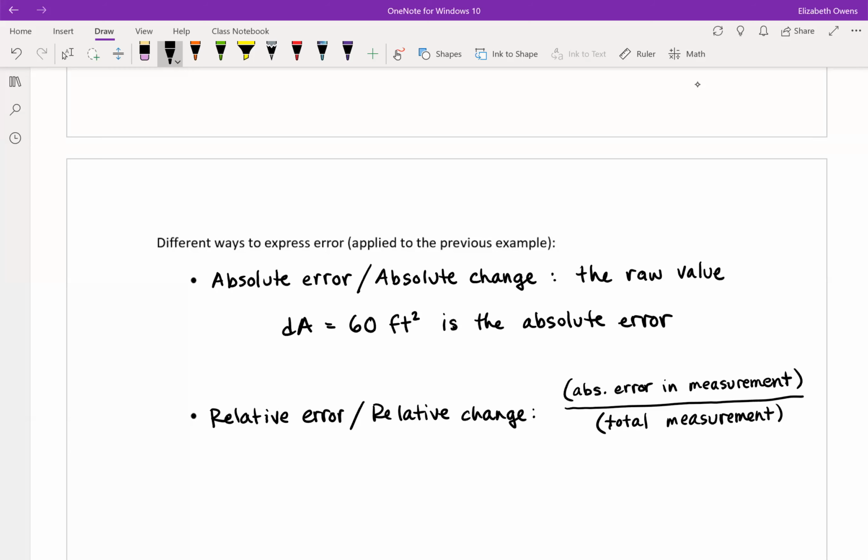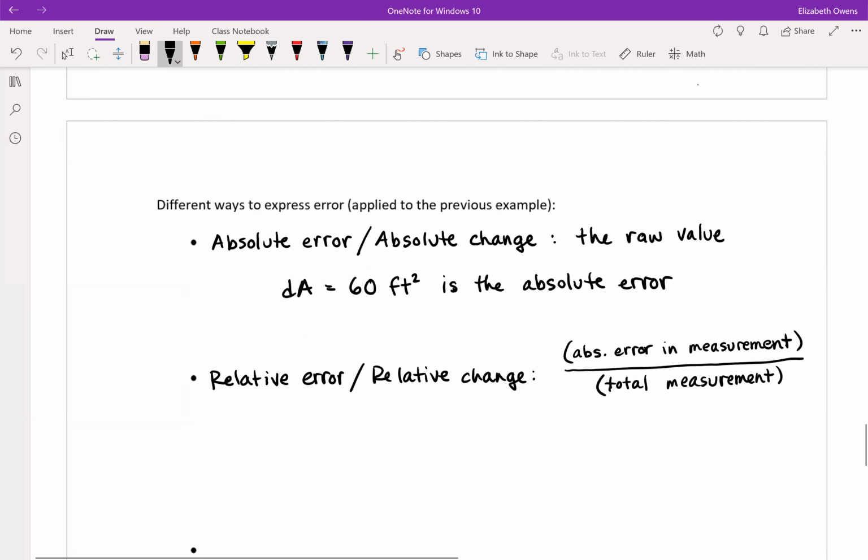Okay, so our relative error for the area is going to be our error in the measurement, so that would be dA, over the total measurement, which is A itself. And we could put numbers in for that, sure. But first, let's look at it with some variables.